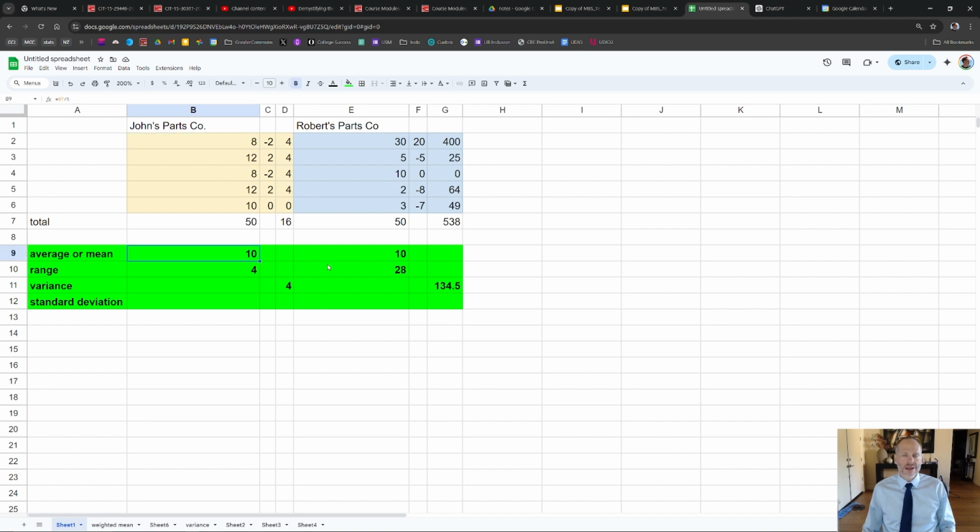We're at a double of what that really was. When we created variance, it was this difference times itself, or squared, and then added up, and then divided. That made the number larger.